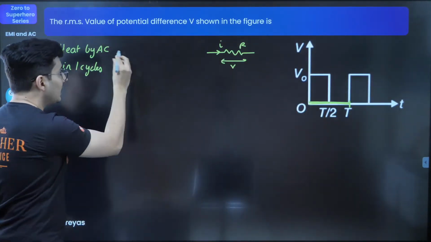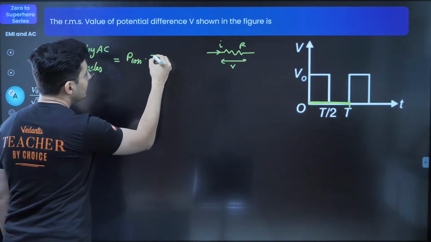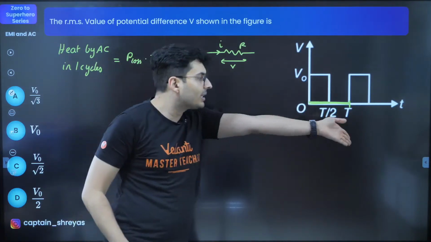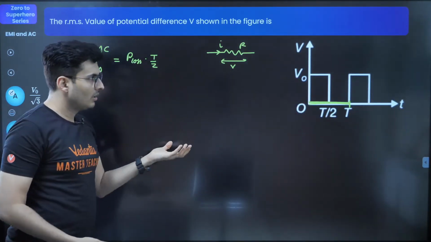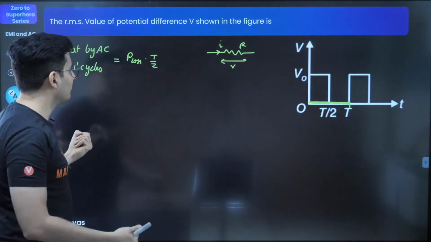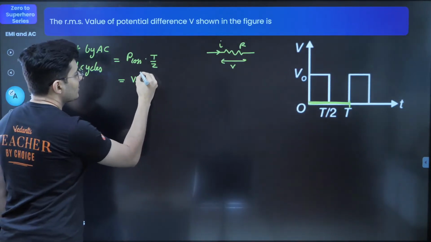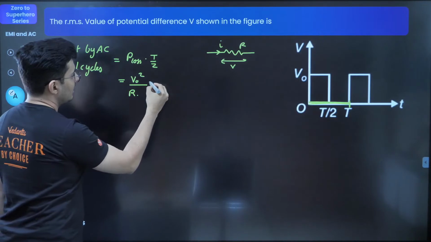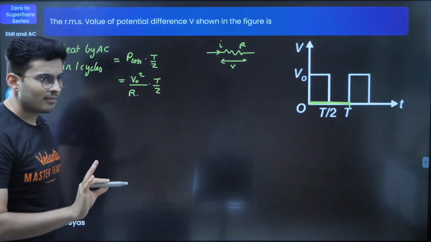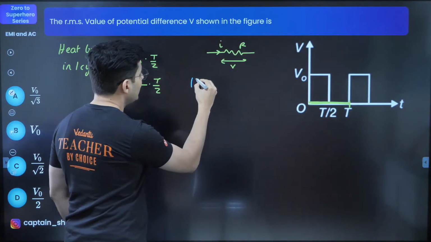So can I say it is the power loss rate into T by 2? The rate at which it will lose power is V naught square by R, into T by 2. Fair enough?